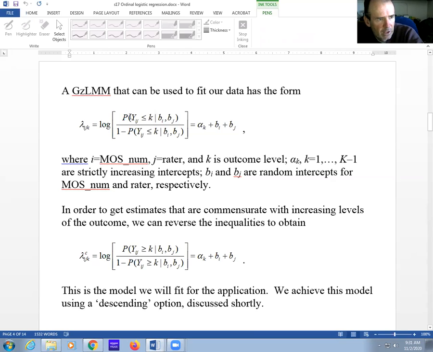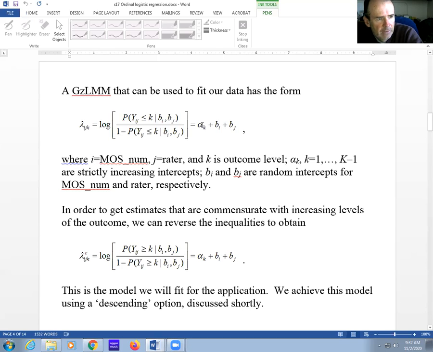So we're looking at probability y is less than or equal to 1, 2, or 3. And then in the denominator, 1 minus that. So it's an odds, right? We have an odds, and we have log odds here. So we call that the logit link. And so we're going to have the random effects, BI and BJ, and those are going to account for rater and MOS type.